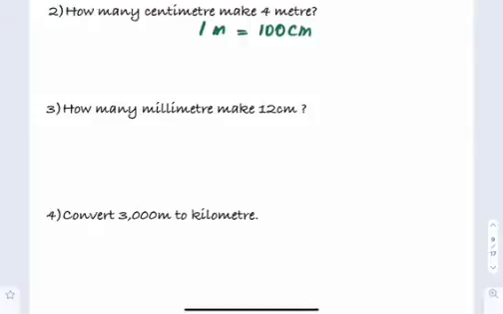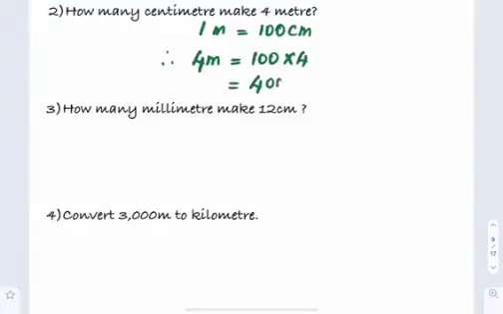Now we are asked to find out how much is 4 meters. Therefore, 4 meters is equal to 100 into 4, which gives us 400 centimeters. Sorry.